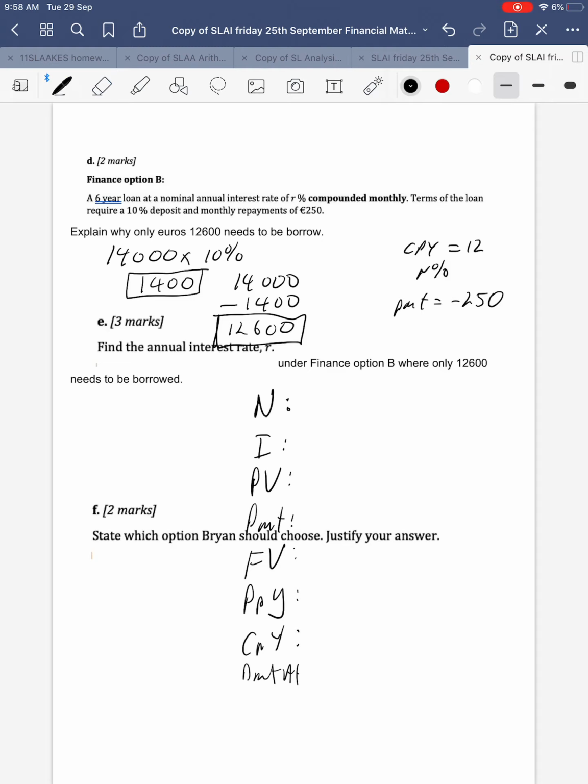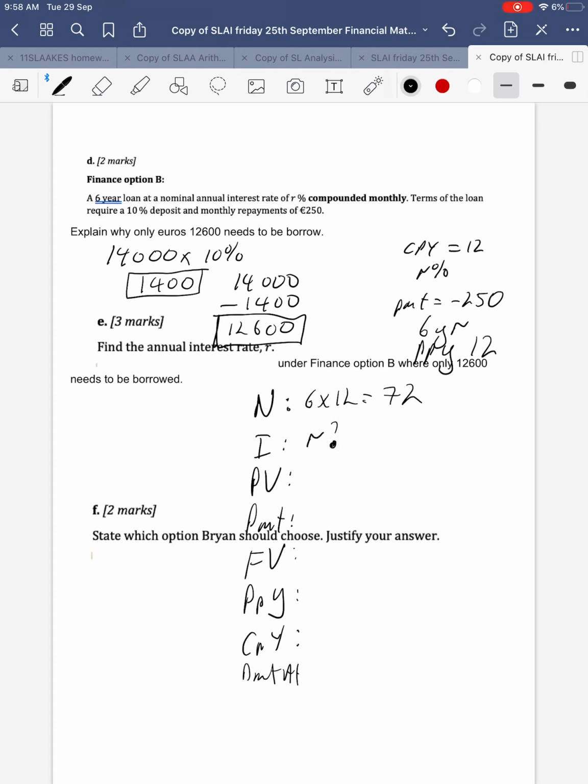We need to find R. Terms of the loan require 10% deposit, and it's a 6 year loan. So 6 years, and we are paying back monthly. So PPY is 12. So this is 6 times 12 equals 72, so we pay back 72 times.